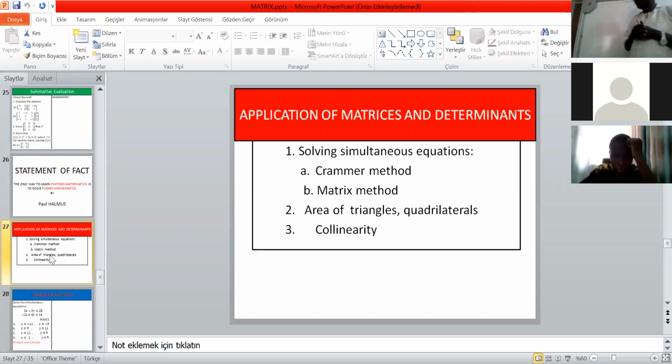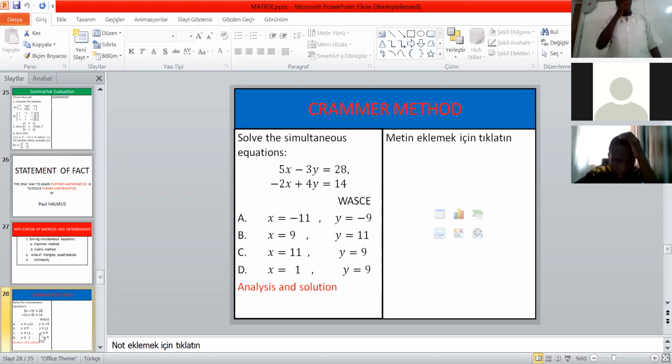Say Cramer method. Good. This Cramer method is as easy as your name. So let's look at the application. Look at it on the board.